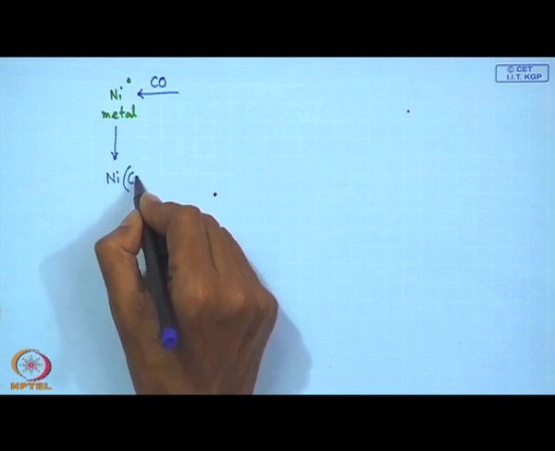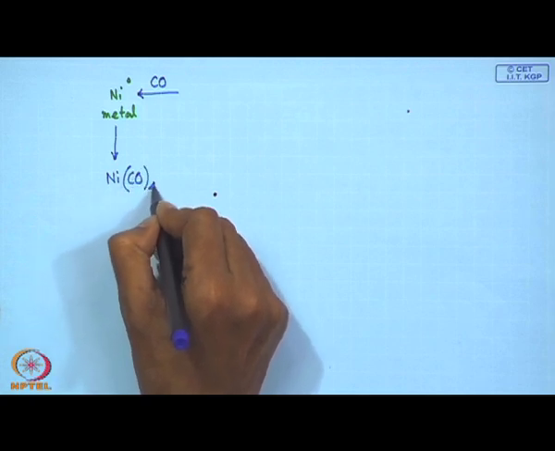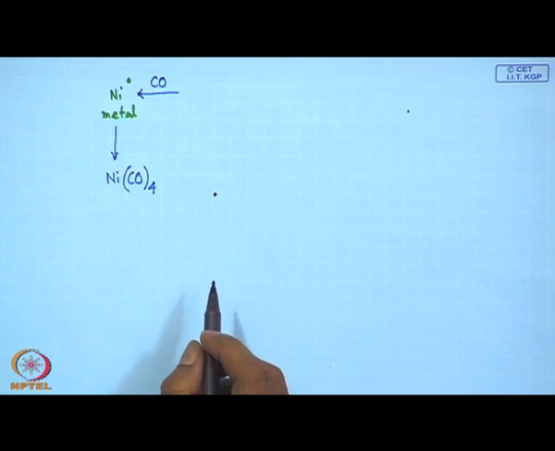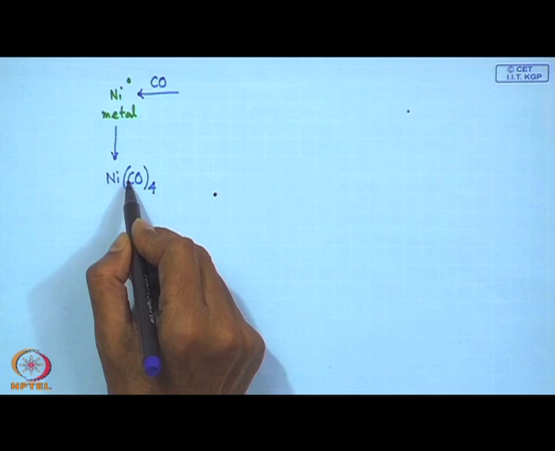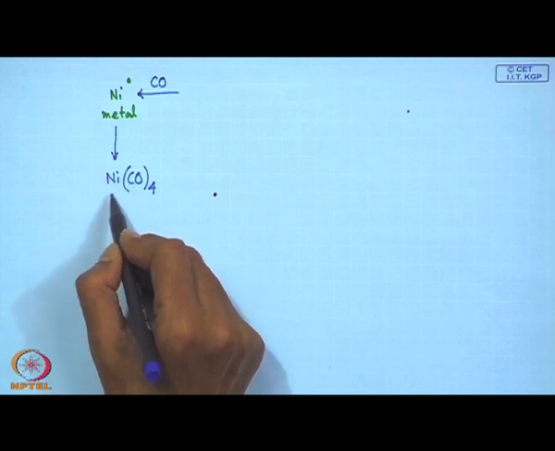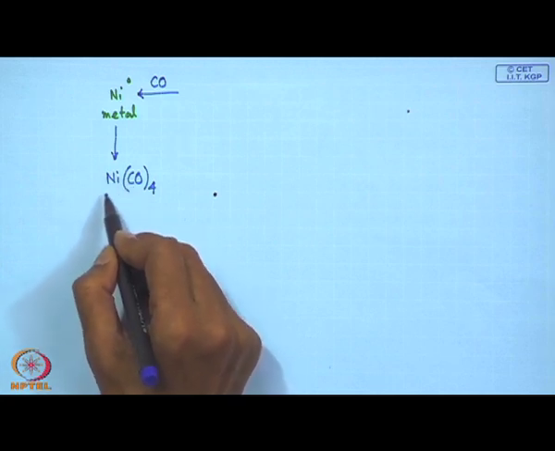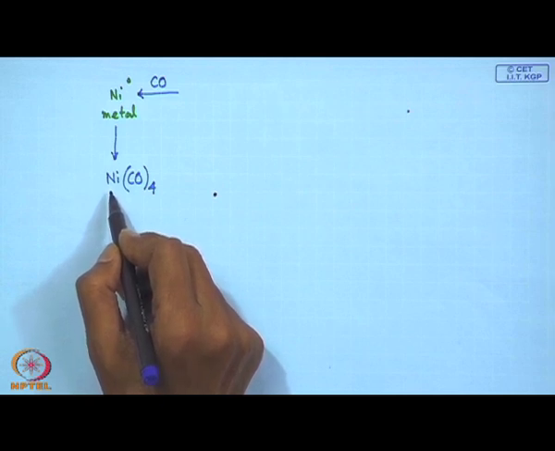Mond first discovered that we can have the corresponding tetracarbonyl complex of nickel. So, from the carbon side we have the lobe, which is donated to some of the empty orbitals on the nickel atom.